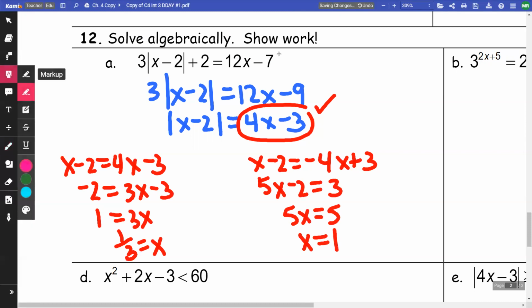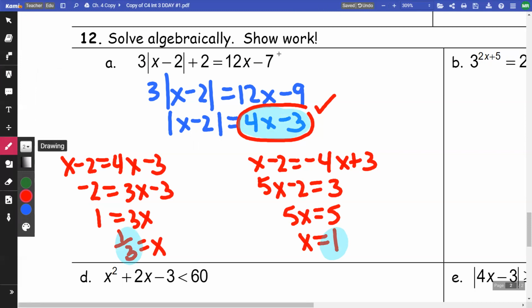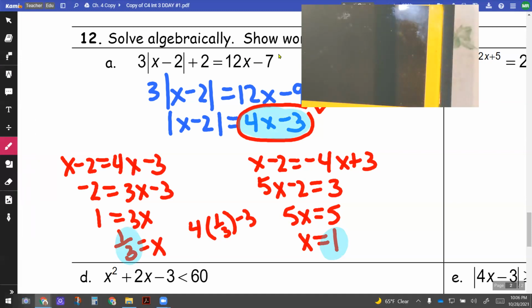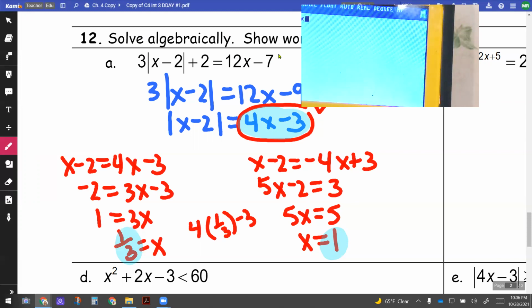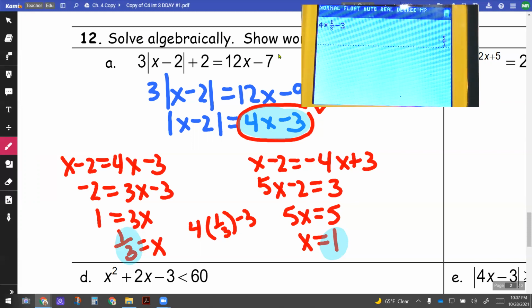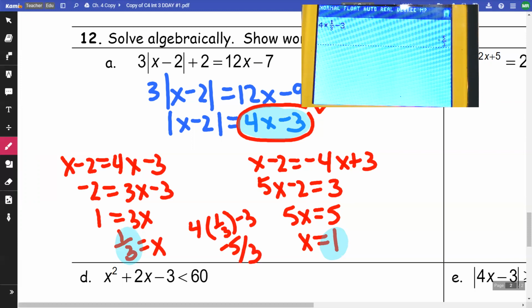So remember, I need to take this and this, and I need to check it here to make sure I don't get a negative. So when I put in 1/3, 4 times 1/3 minus 3, I end up with a negative 5/3, which means that this one cannot be an answer.